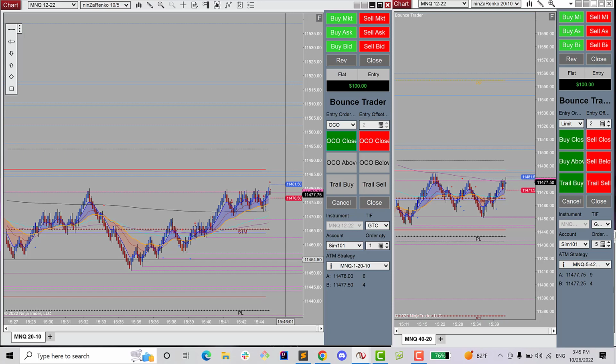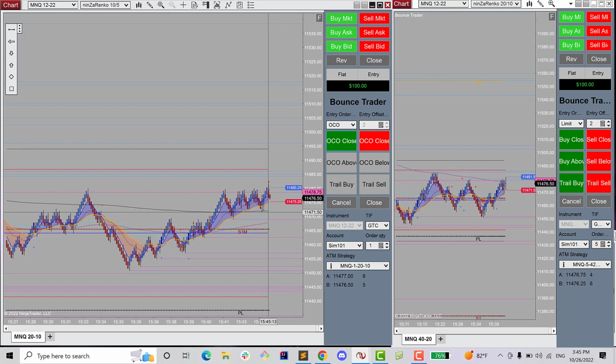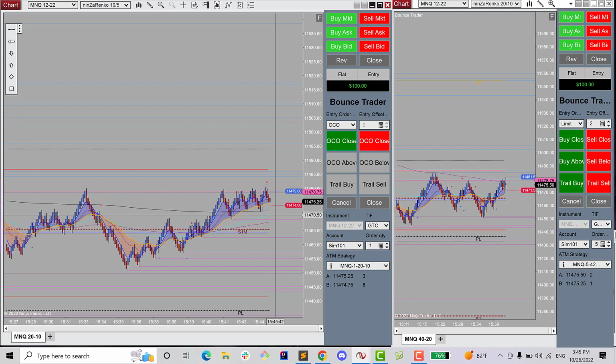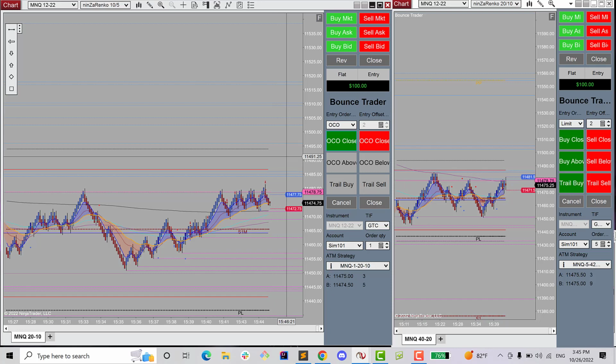Okay, so see, that's how OCO works, which can be very useful. And there is a lot to this trading strategy, but this is just in a basic form how it usually works.